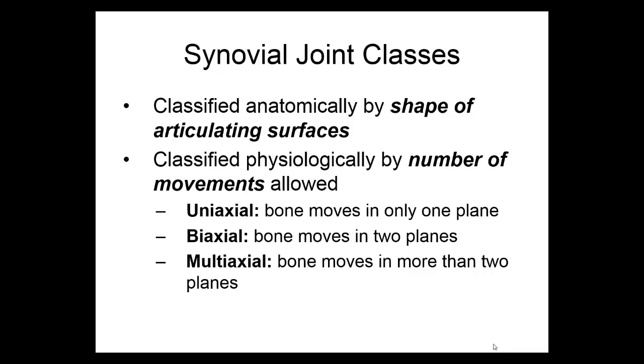For example, the joints between the carpal bones or the joints between the tarsal bones. They will only allow slight gliding and sliding between the bones, but no angular movement and no rotational movement, just gliding, right?